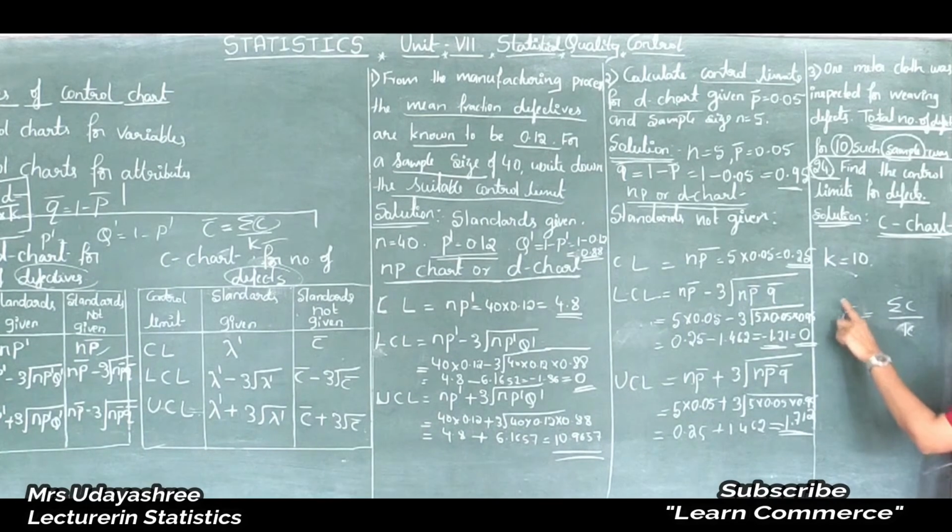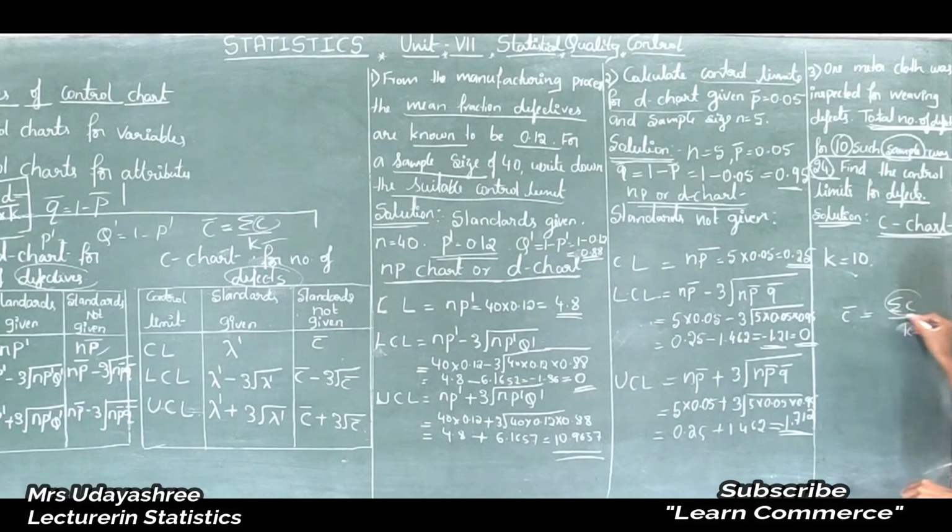Summation C is the total number of defects. Therefore the given observation is the total number of defects, so summation C is 24.